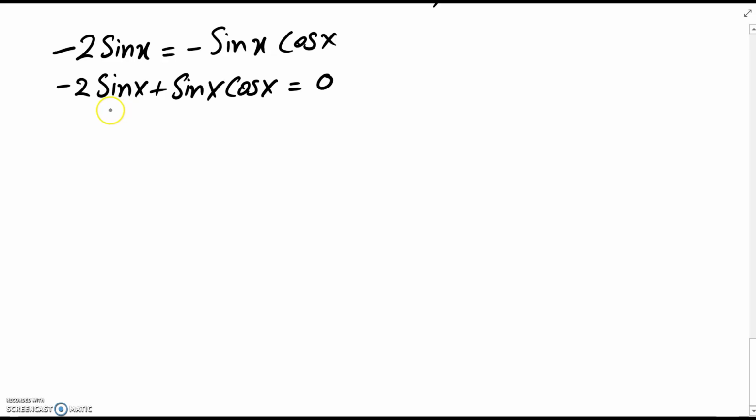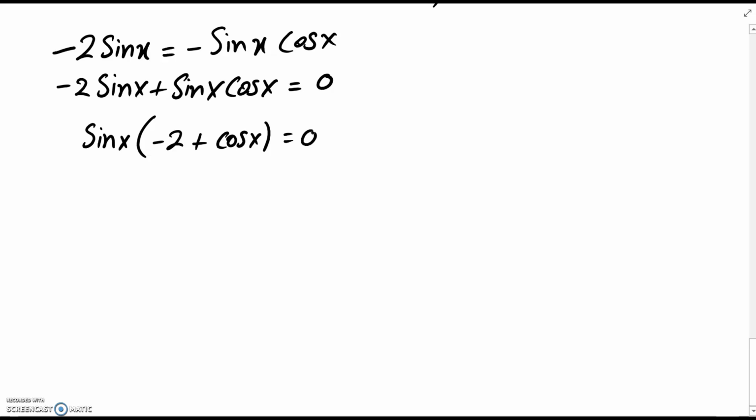There are only two terms, and in these two terms sine x is a common factor, so I will take sine x as a common factor, and you will be left with sine x times negative 2 plus cos x equals 0.